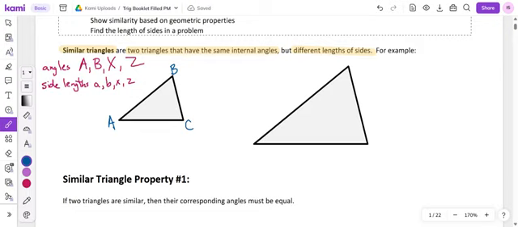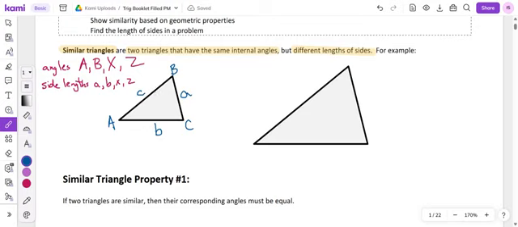Which one is side A? Who guessed correctly? All right. Which one is side B? Point at it. Did you get it right? And which one is side C? Well, process of elimination says that.